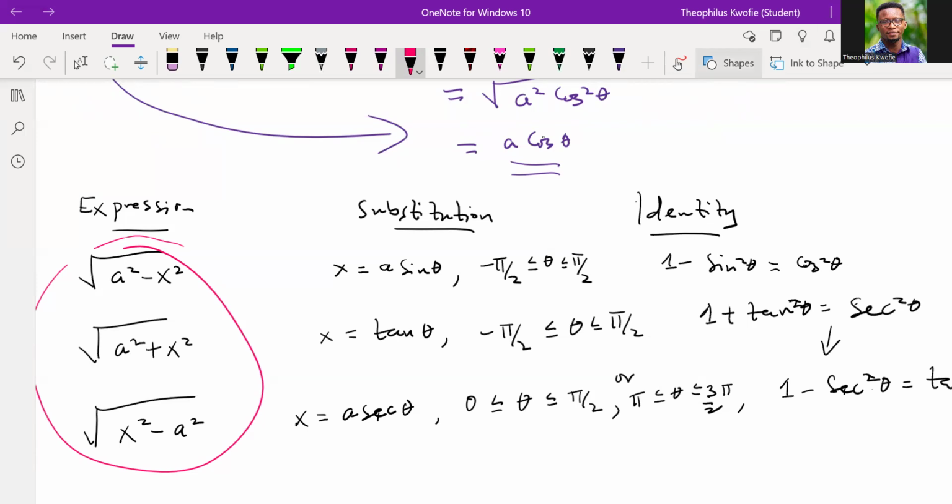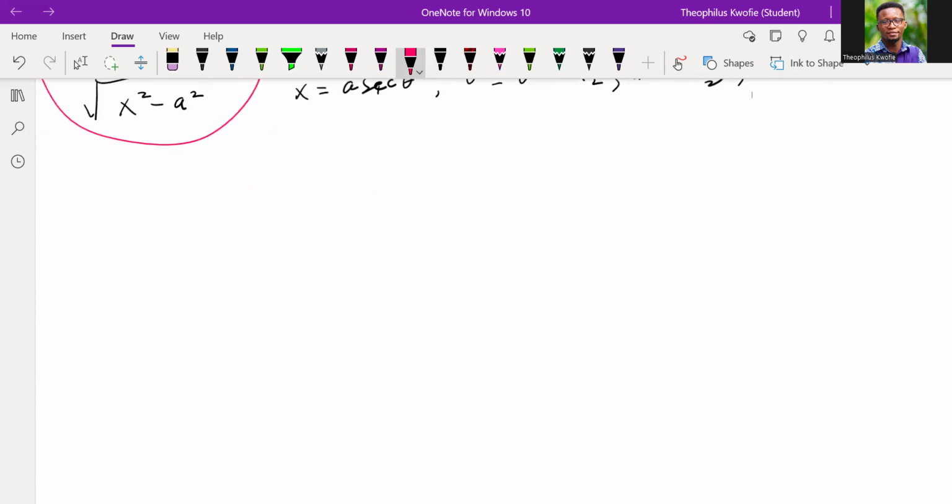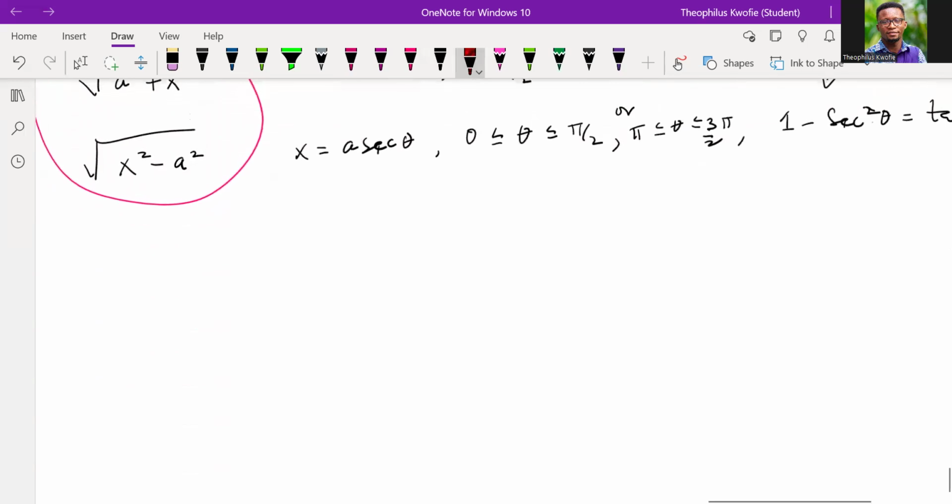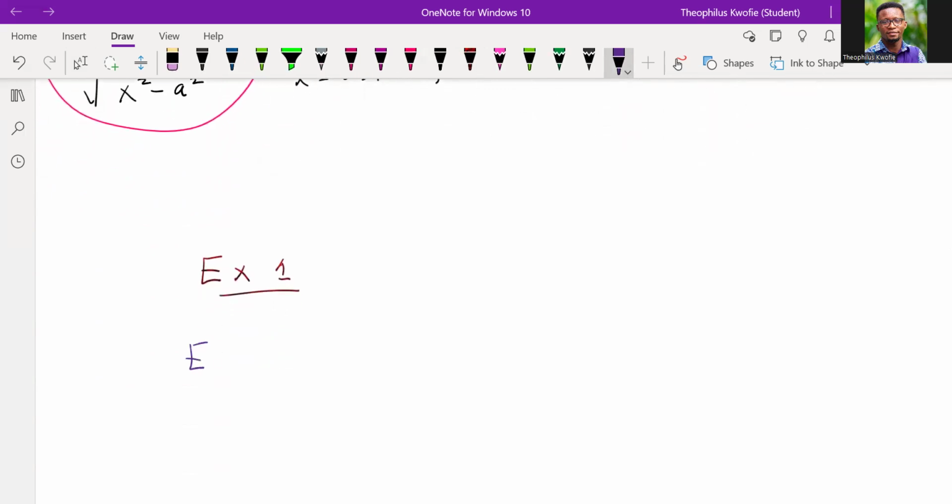We want to tackle the first problem of the day. So example one: we want to evaluate the integral.